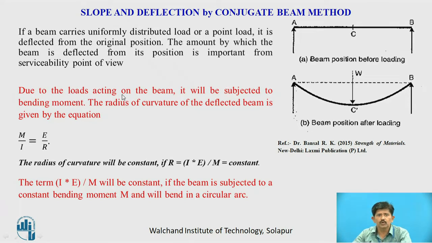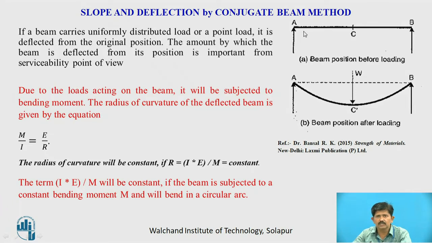Due to the load acting on the beam, it will be subjected to bending moment. The radius of curvature of the deflected beam is given by this equation. This equation is the flexural formula, that is M upon I is equal to E by R. So, the radius of curvature R is equal to E into I by M, and it is constant.